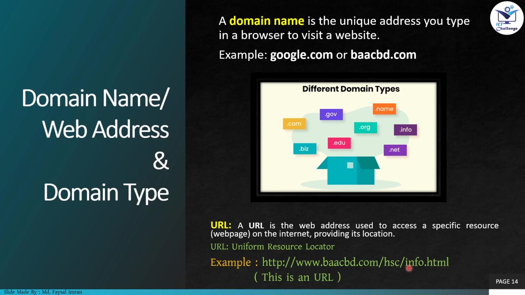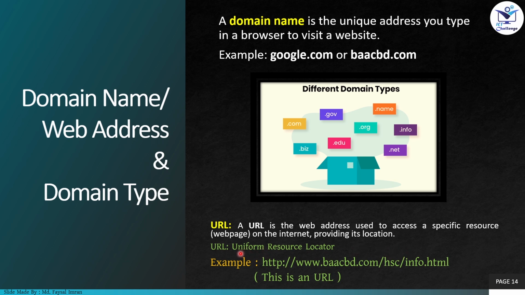If you search these things on the internet, you will get a single page. This page is part of the website. So that means this is the URL of a web page. A URL is a unique or specific web page location on the internet.